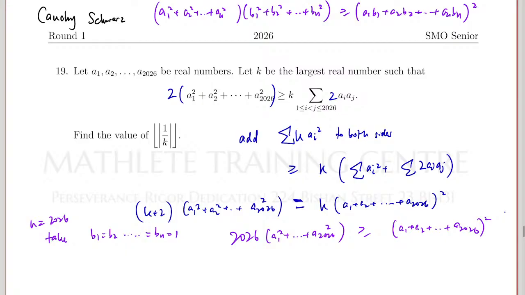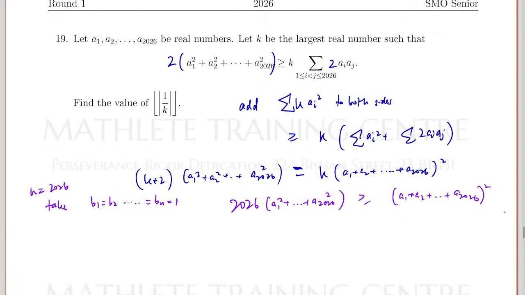And this is from your Cauchy-Schwarz inequality. So from here, if you compare, right, what do we have? Basically, k plus 2 over k is going to be 2026. The largest value of k you can choose is when k plus 2 over k is 2026.